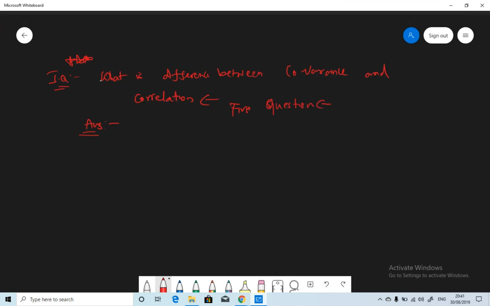Okay. Now we will talk about the shape of data. Under the shape we have two things: one is skewness, the other is kurtosis. Right? What is skewness?